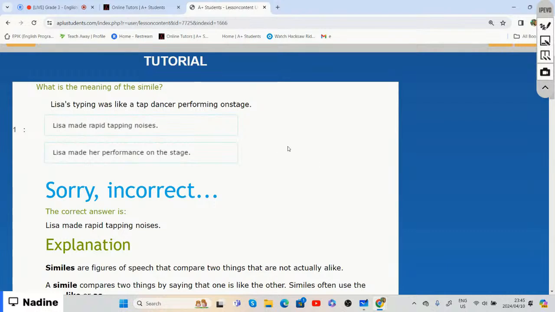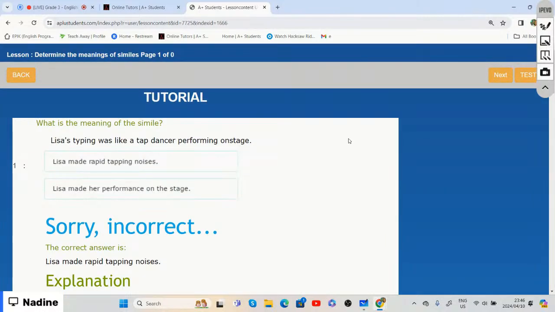In this case, if she's typing like a tap dancer, then it means that the noise is like a tap dancer, like click click click click, right? So that is the first one when you determine the meaning of a word.